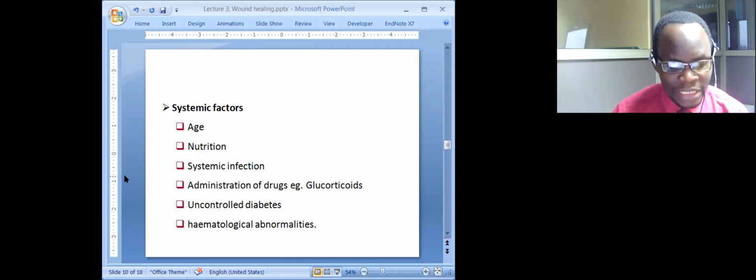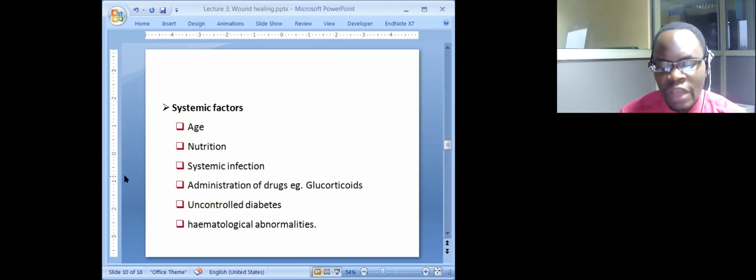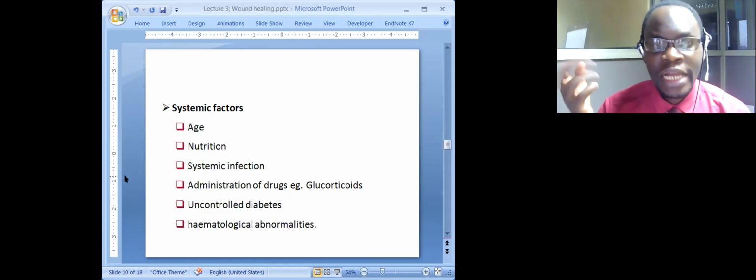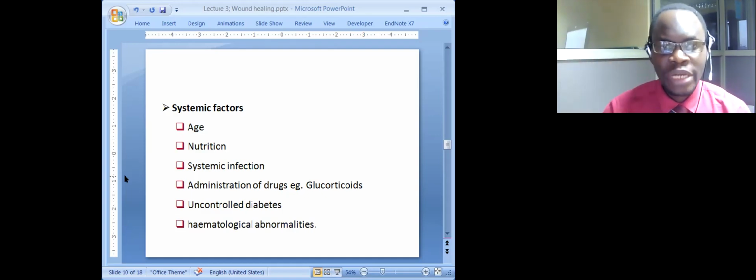So basically, that is it as far as wound healing is concerned. Now, I want to give you an assignment to read about how healing occurs in special tissues. Like, for example, how does healing occur in bone? How does healing occur in nervous tissue? I want you to read about that.